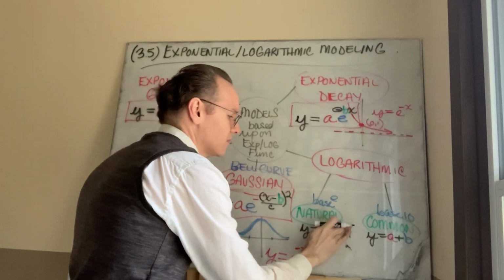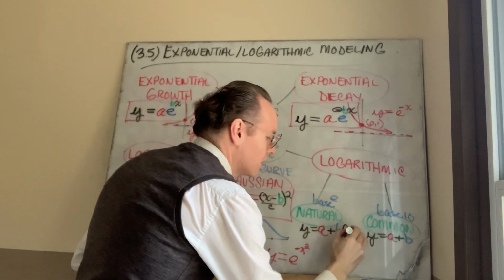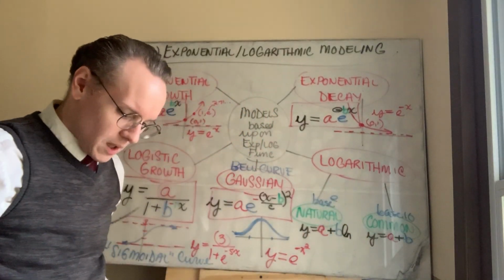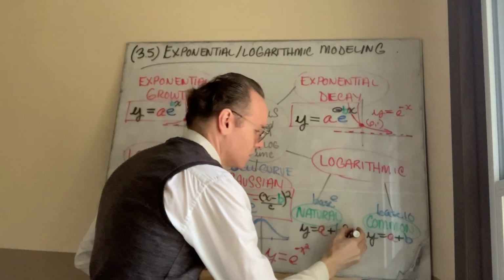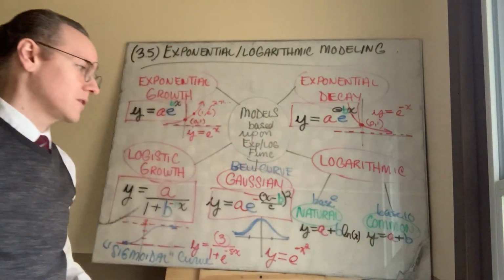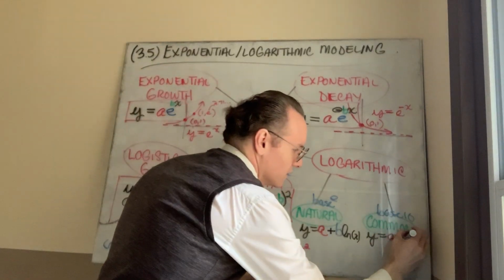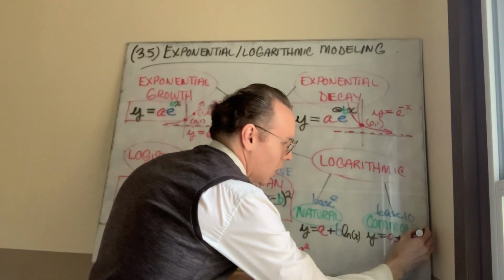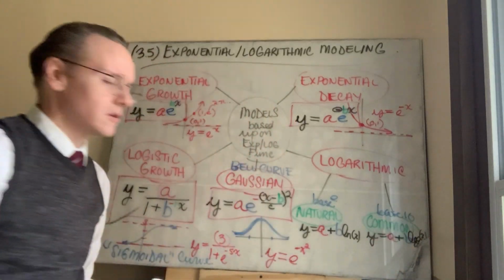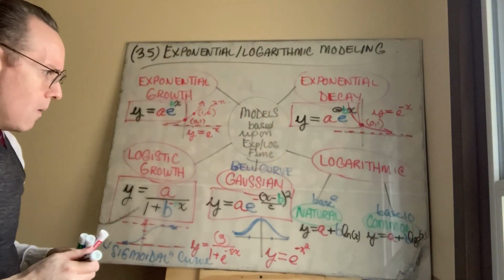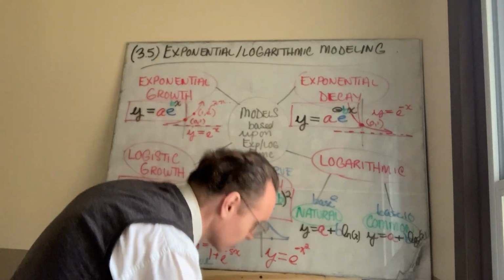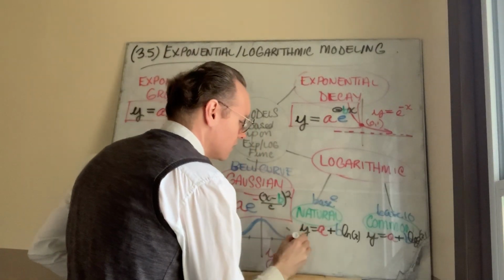A little bit squeezed in here. There you go. And then of course x, because you need an argument. And in the common sense, it would be, instead of ln, log of x. We'll just kind of separate these two.